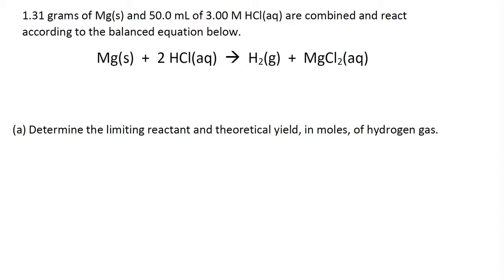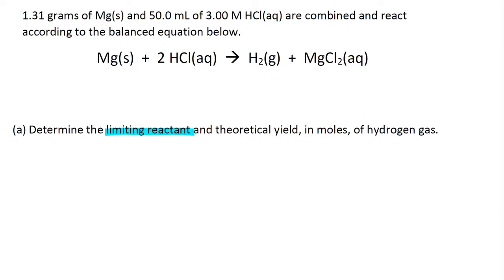Now returning to our example problem, in part A they want us to determine the limiting reactant and the theoretical yield in moles of the hydrogen gas. Remember that the limiting reactant is the one reactant that is completely consumed.